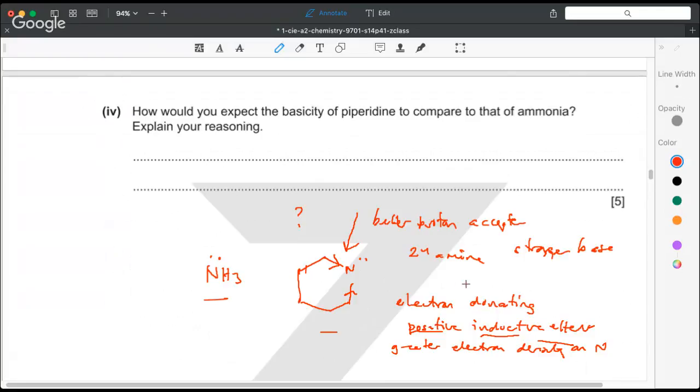The electrons are donated, the nitrogen has a slightly more negative charge. It's a better proton acceptor, and therefore it's a stronger base. So we expect piperidine to be stronger than ammonia. And we've explained that. Piperidine is a stronger base than ammonia.